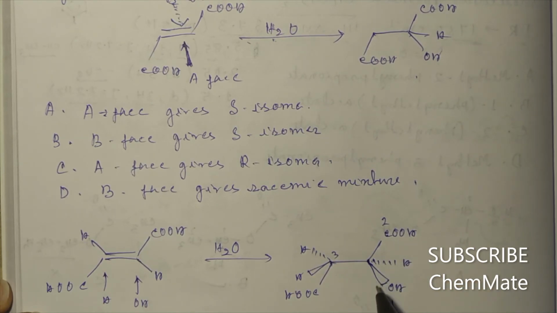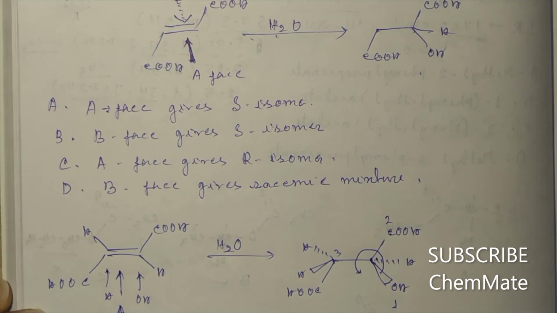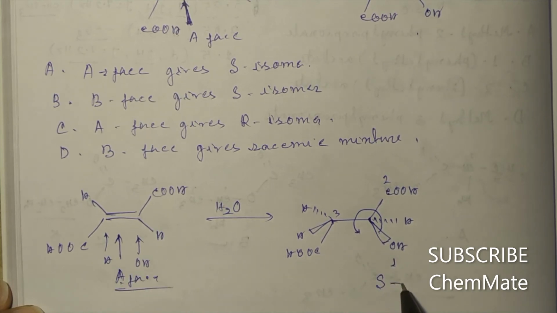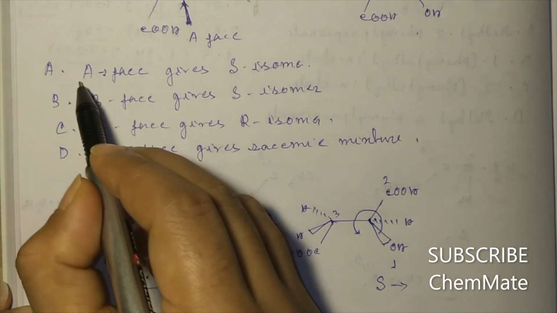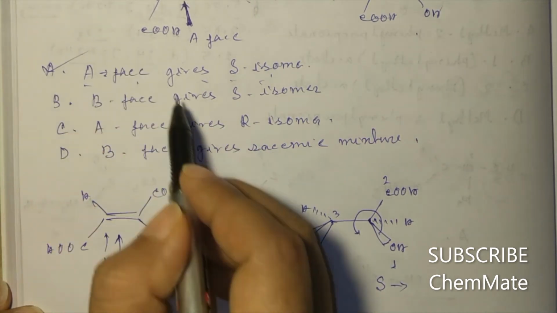Now our eye is rotating from 1 to 2 to 3 in anti-clockwise direction, so this is S. So if attack is from A face, the configuration will be S. This is the true statement. So attack from A face gives the S isomer. This will be the answer.